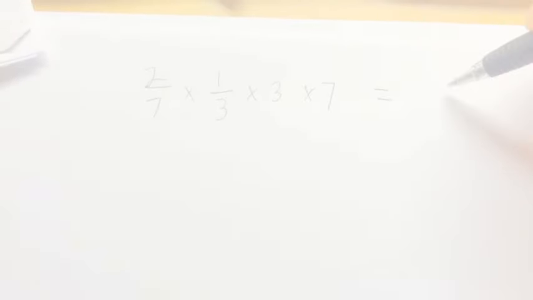So let's use the definitions of these fractions. If we times this by 3, we know this will cancel with that 3 and get a 1. And if we times it by 7, we know that will cancel with this 7 to give a 2. So the whole thing will just end up being 2.